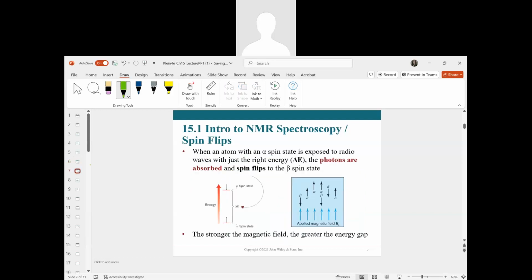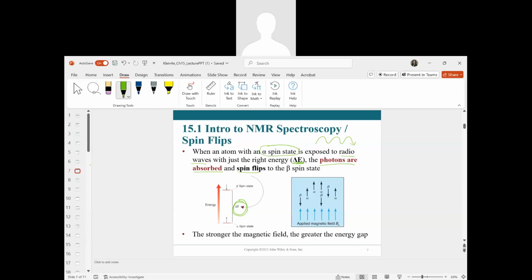So when an atom in the alpha spin state is exposed to radio waves, and here's where radio waves come in to NMR spectroscopy, it causes a spin flip when just the right amount of energy, that delta E that we're shown here, the difference in energy between the alpha and beta spin state, is applied. When this exact amount of energy is applied, these photons are absorbed, right? That light energy, that wave of photons, is absorbed, and then we have this spin flip result. So we go from alpha to beta spin state.